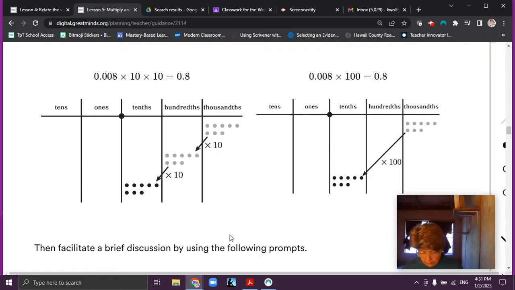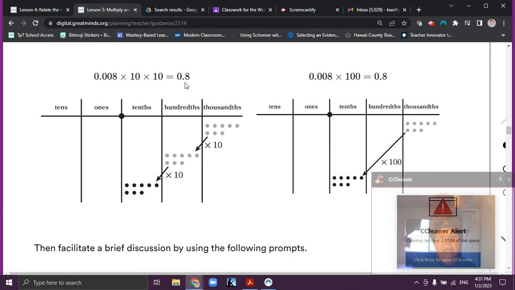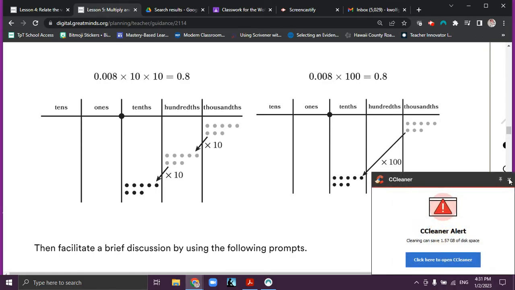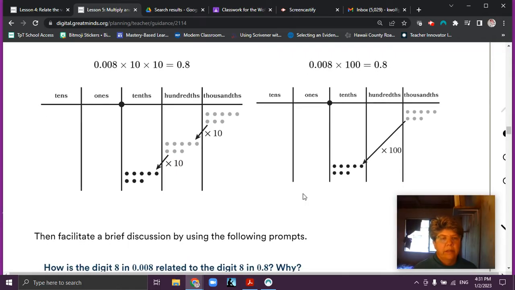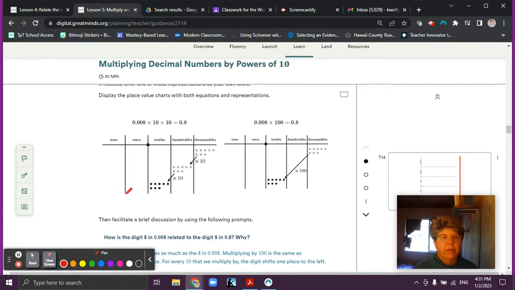Okay, and then I want to know, how is the digit 8 in 8 thousandths related to the digit 8 in 8 tenths? Here's our 8 tenths. Okay, what do you think? What's the relationship there?